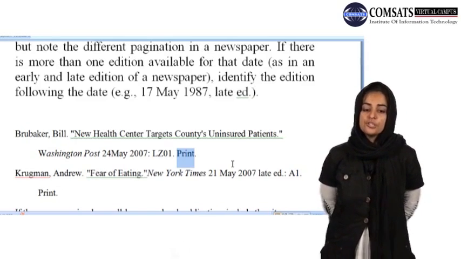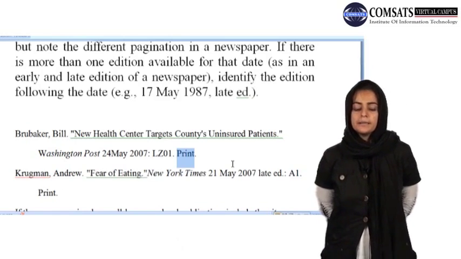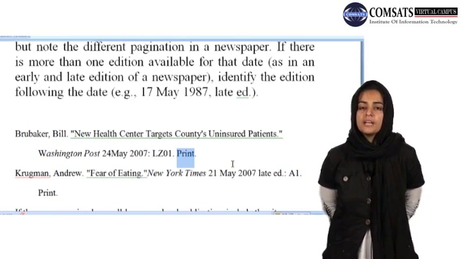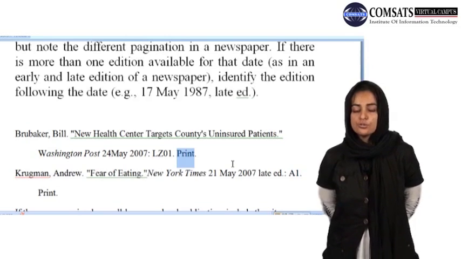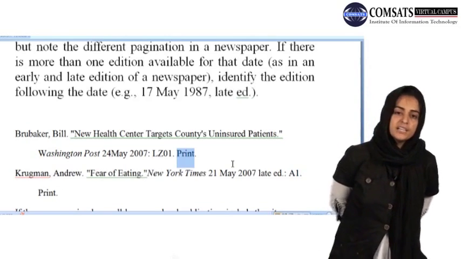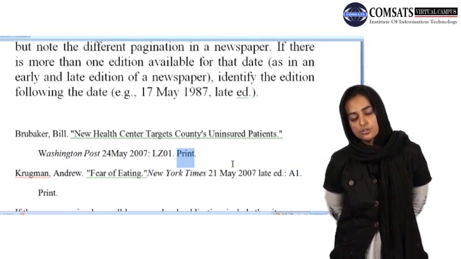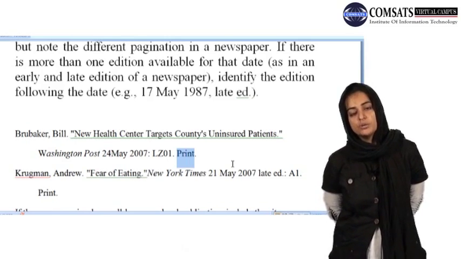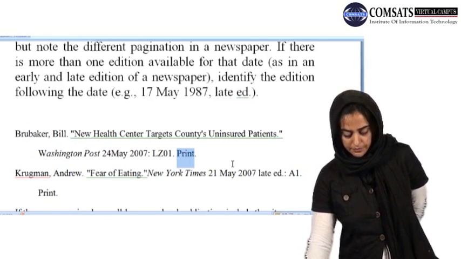So if you have simply picked up the page number from the morning edition and you have not mentioned whether it's the early edition or the late edition, the reader might try to find it in the late edition, where he or she would not find it on that page. So it's important to mention which edition of the newspaper you are referring to when you are giving the page number. Have a look on the screen.